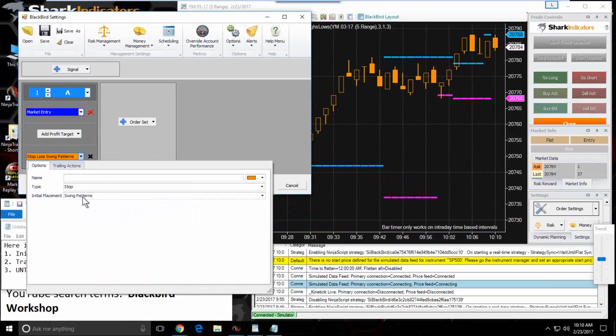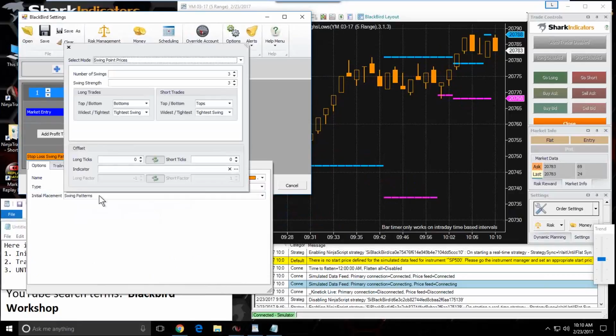Let's go into the swing patterns, and we need to make sure we're using the correct plots here. The magenta plot and the blue plot that we see, that is actually the widest plot that I'm using here. So I'm going to set this to the widest plot. For a long trade, we're going to use the widest bottom plot.